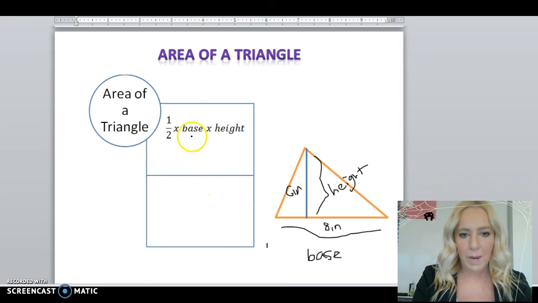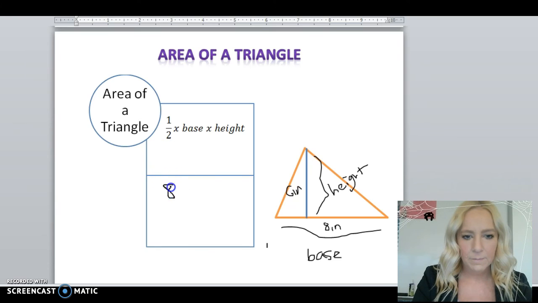So let's take our base times our height. And again, multiplying by the half is the same as dividing by 2. So base times height divided by 2. 8 times 6 is 48. 48 divided by 2 is 24.